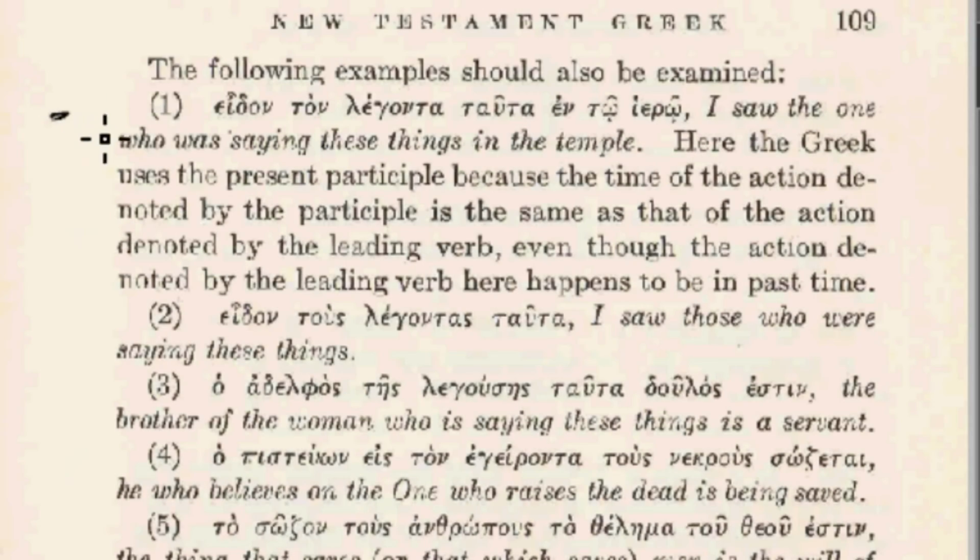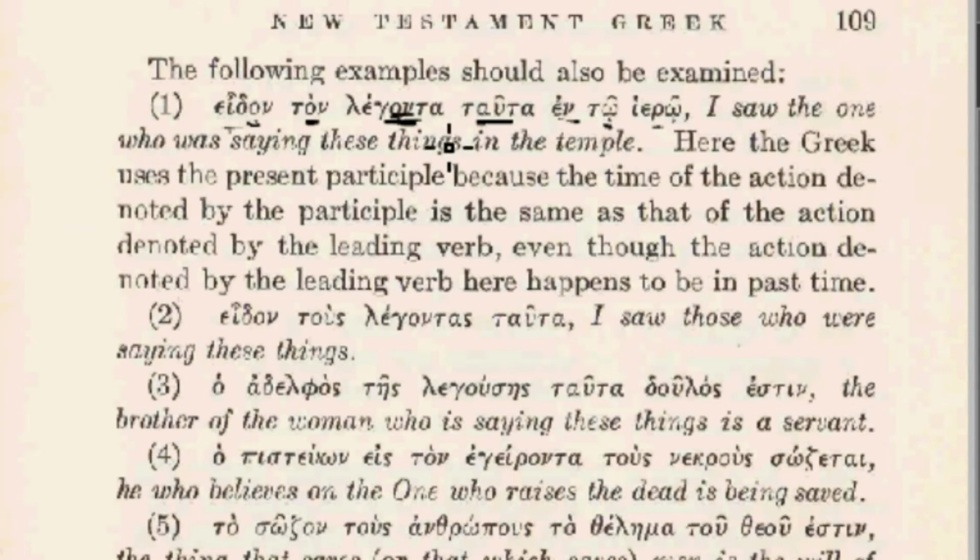All right, the concluding examples that Machen gives us toward the end of this chapter should wrap up our conversation. So let's take a look at this. We have adon, I saw, ton legonta, the saying, tauta, these things, in to hiero, in the temple. Literally, I saw the saying these things in the temple.